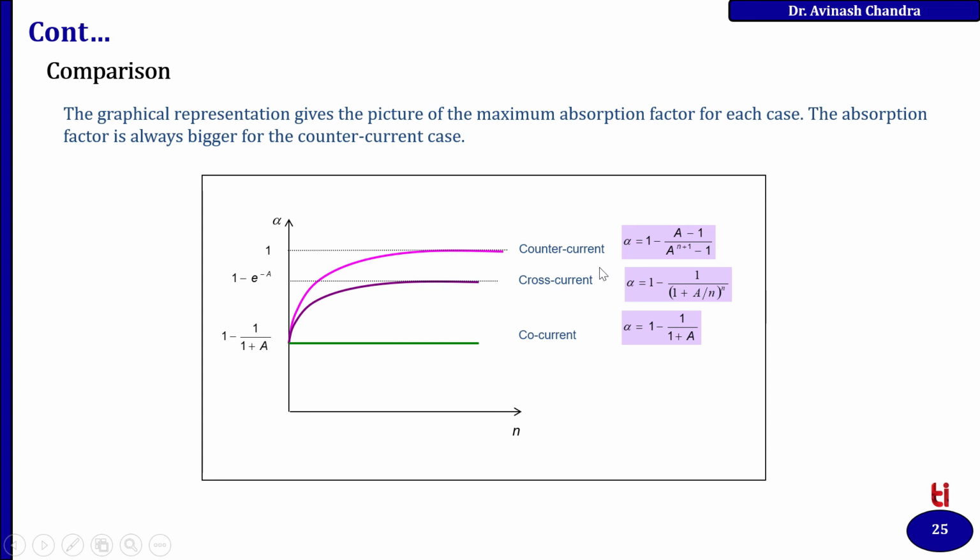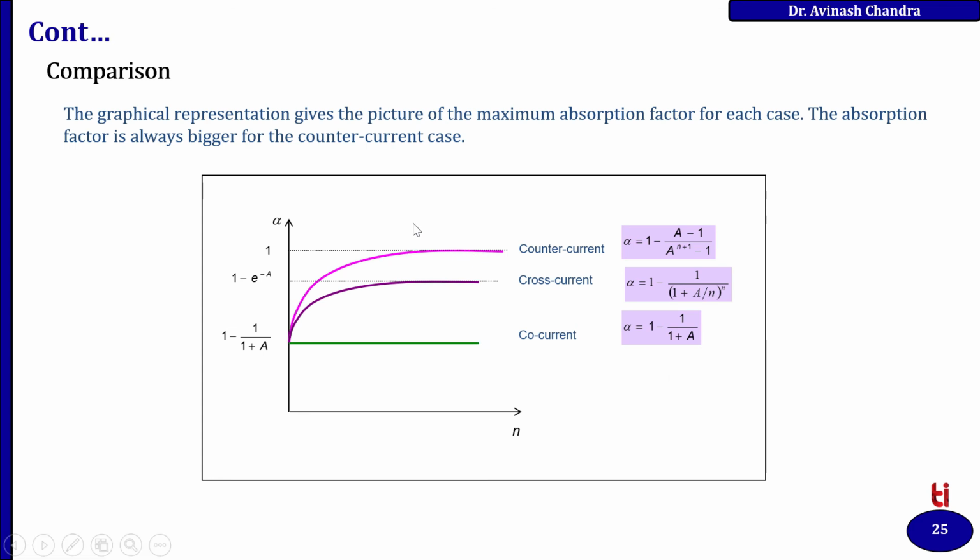Whereas for cross-current, when we increase the number of stages, the value of alpha increases, and after some time it becomes constant. Similarly, for the counter-current system, the fraction of absorption is always bigger than for cross-current as well as co-current, and as we increase the number of stages, initially the value of alpha increases, and after that it becomes constant.